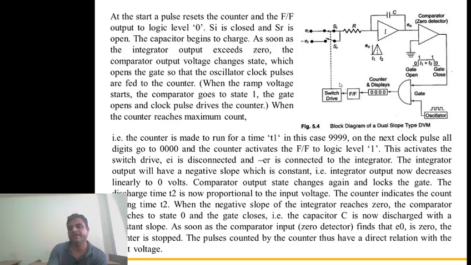See this, again I will try to explain. Initially, this gate voltage is 0, so the gate output will be 0. It will reset the counter, and then there is an oscillator circuit. Then this counter is reset to 0. Then it starts counting 1, 2, 3, 4, and so on.